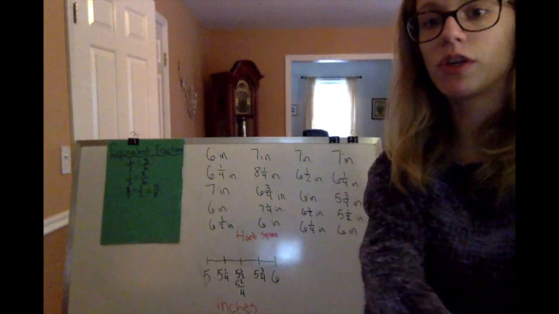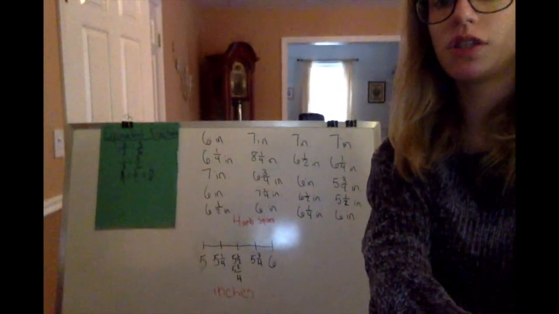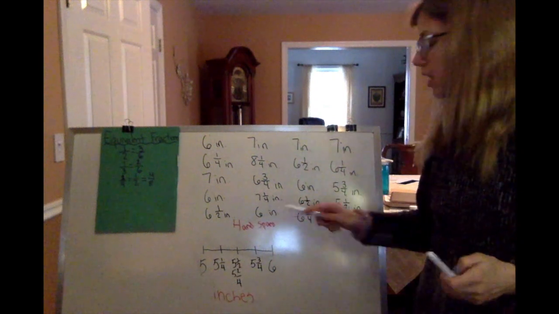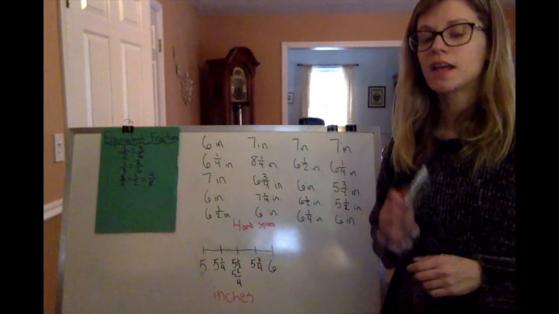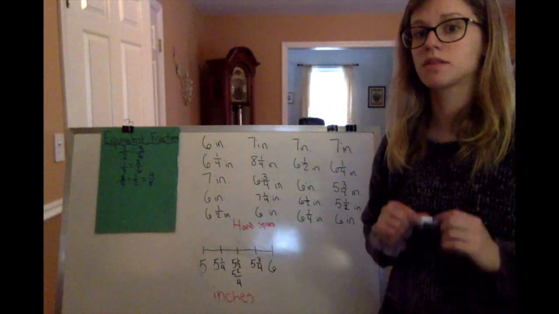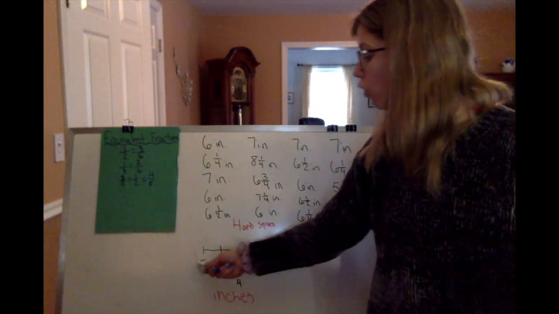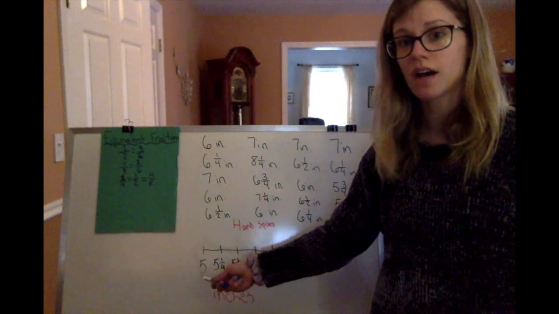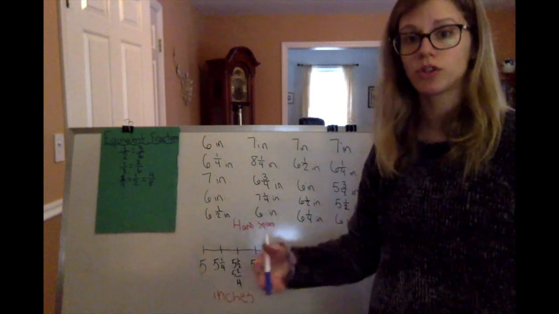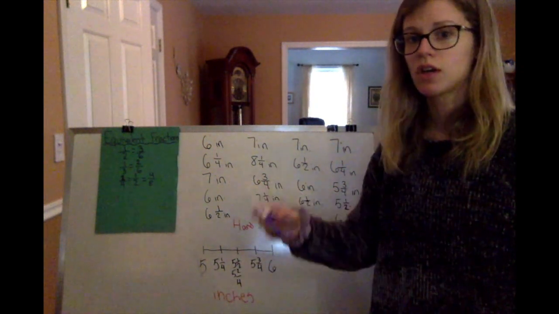So your line plot, when you make it, you need to make sure that you have inches and a title on the top. And I use the term quickly mixed numbers. And a mixed number is a number, a whole number, like 5 or 1 or 2 or 3, and so on, with a fraction.